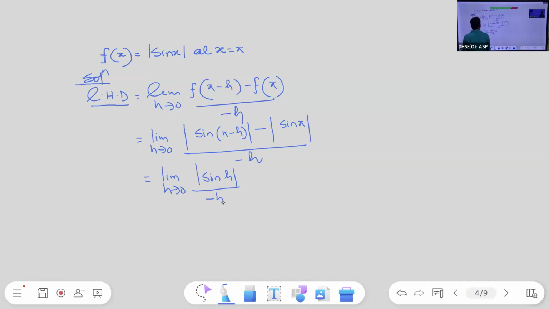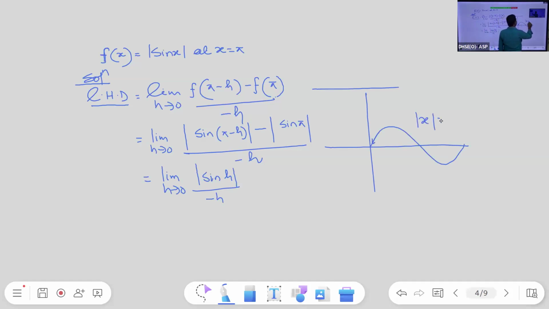When h is very, very small and approaching 0 from the right hand side, sin h is also very, very small and it is positive. You know, mod x is equal to x when x is greater than or equal to 0, and mod x is equal to minus x if x is less than 0. So since here sin h is a positive quantity, mod of sin h will be sin h.